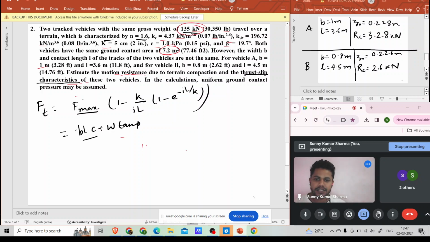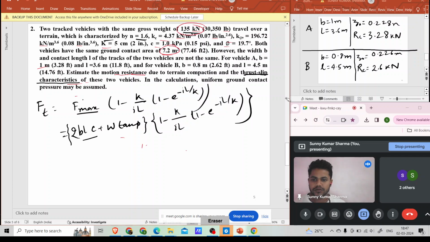And this area is for only one track. We have two tracks, so this will be multiplied by 2. So the total maximum thrust generated is 2 B L c plus W tan phi into 1 minus K by i L into (1 minus e to the power minus i L by K). So for both tracks you have to do this.